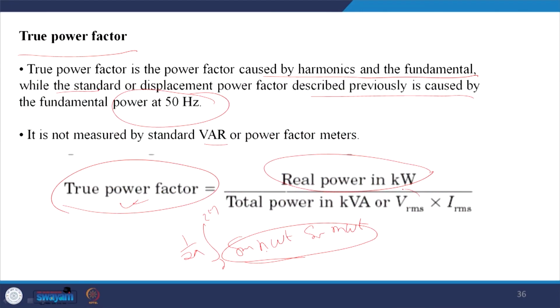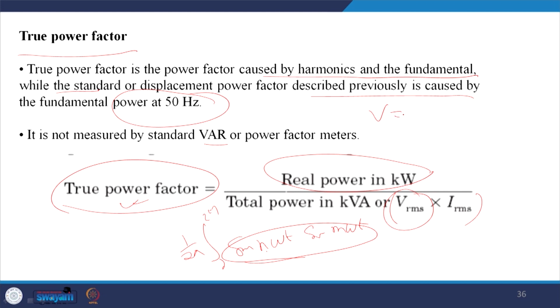So, the total power in kVA is VRMS into IRMS, where IRMS has all the harmonic content in it.